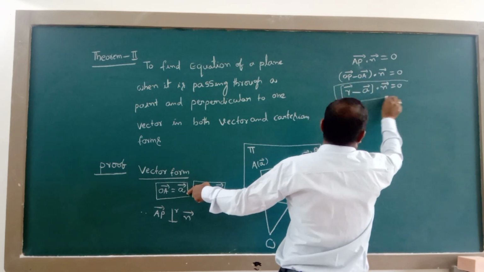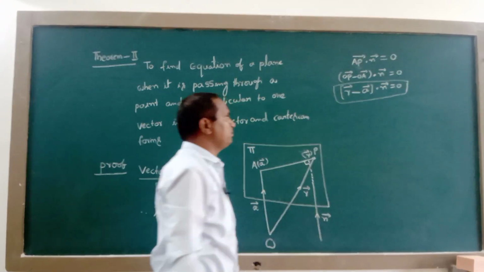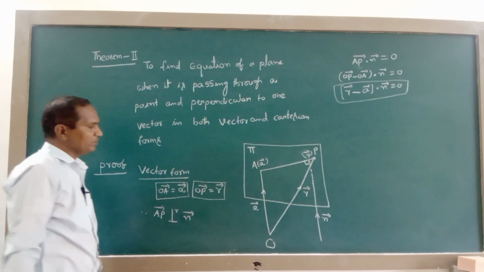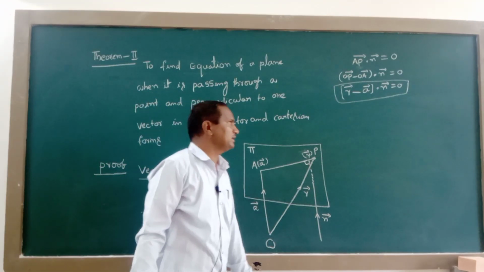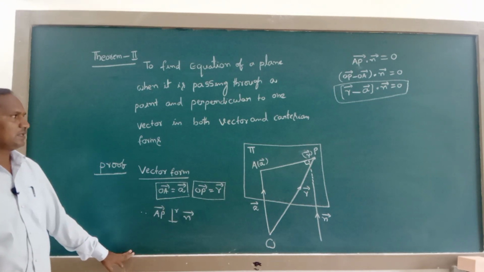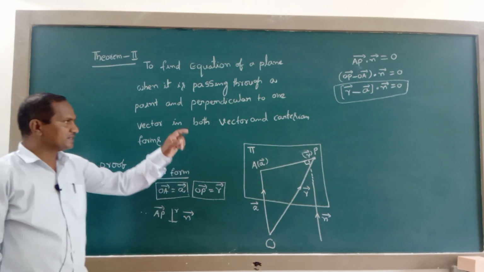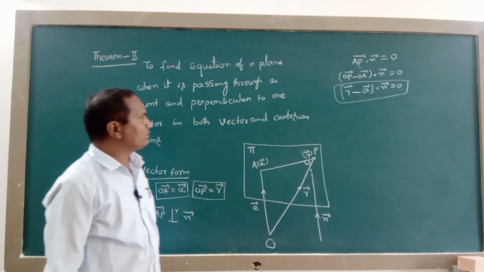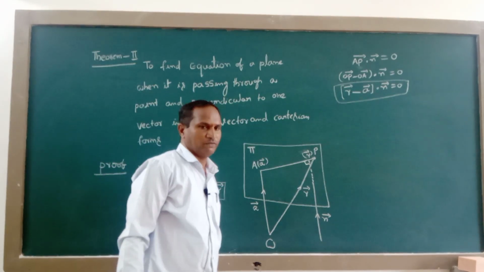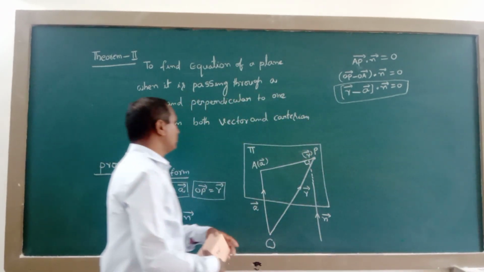This represents the vector form of the equation of a plane when it is passing through a point and perpendicular to one vector. Its equation is given by r vector minus a vector dot n vector is equal to 0. Now, next let us discuss the Cartesian form.